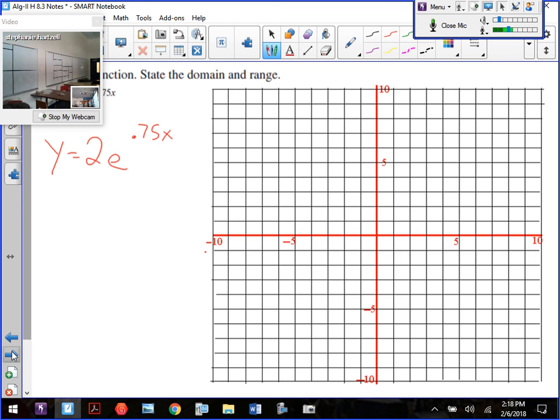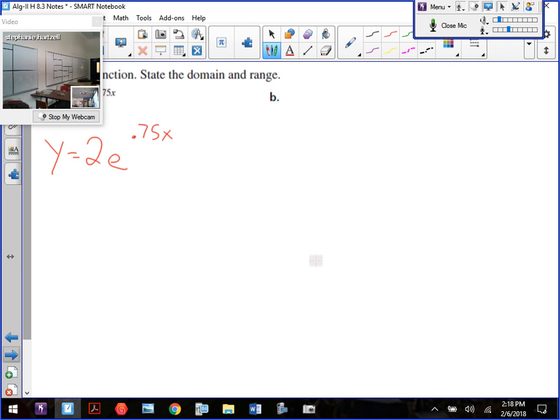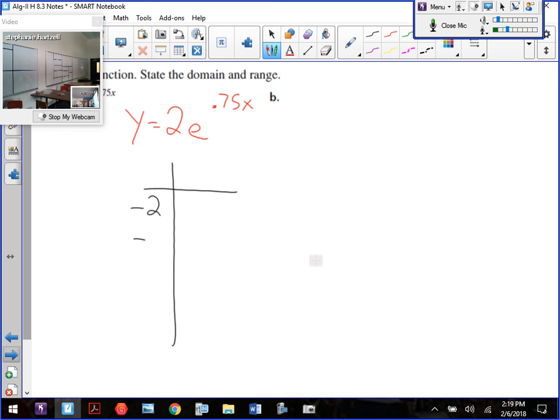So when we get to one like this, if I do y equals 2 times e to the 0.75x, or 3/4 x, however you want to write it, it's really, really difficult for me to create what we would normally do, which is -2, -1, 0, 1, and 2.